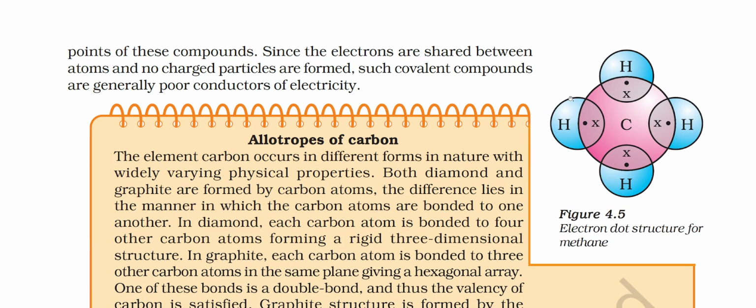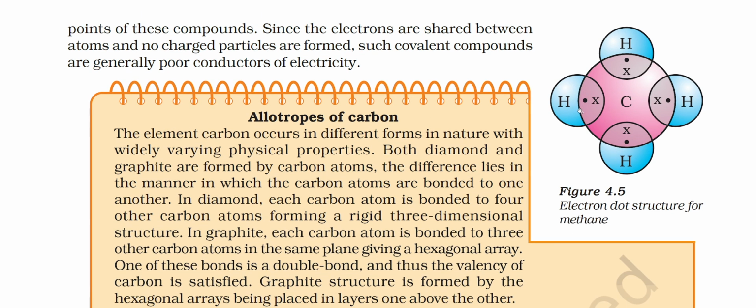Such covalent compounds are generally poor conductors of electricity. Figure 4.5, electron dot structure of methane.